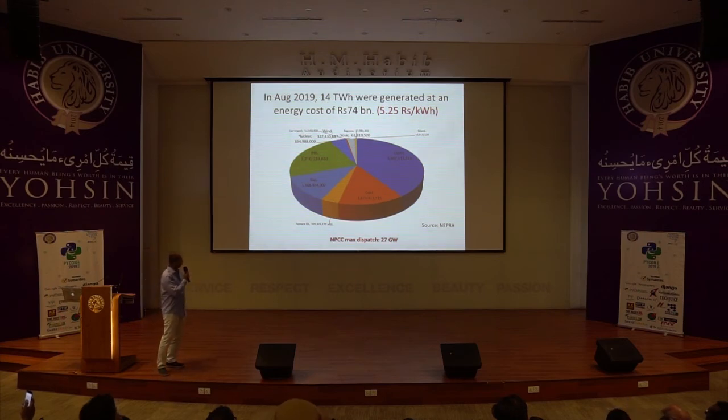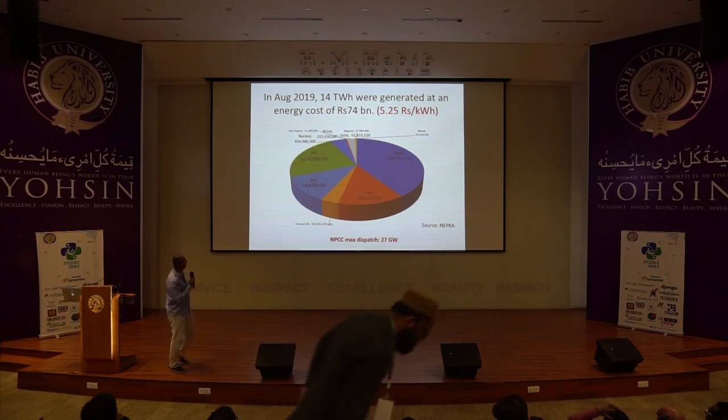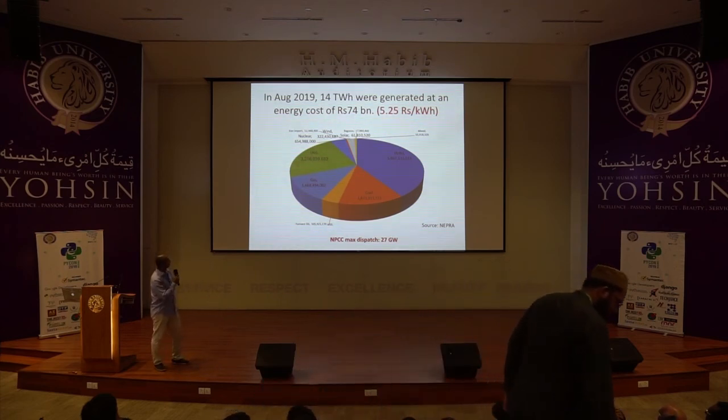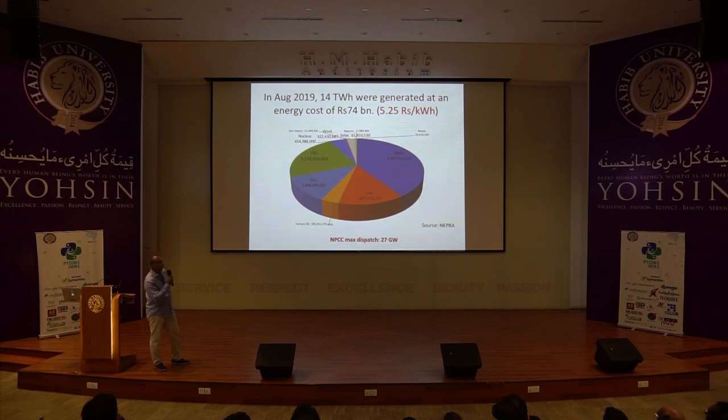Coal was quite a fair bit. Gas, and then this regasified LNG. And you know, if you look at the total cost, it was quite significant. This is just the energy cost. This does not even take into account the capacity payments that we pay to generators to just sit there, whether we use them or not.